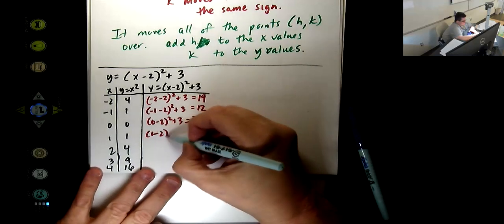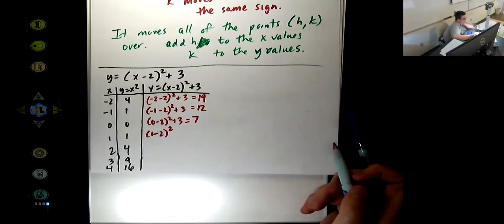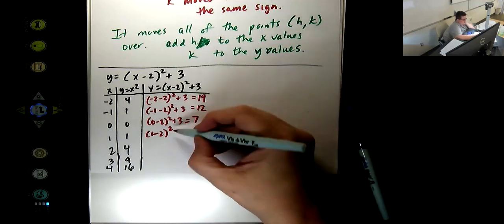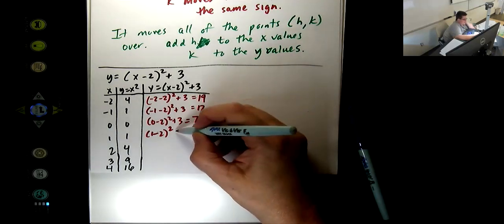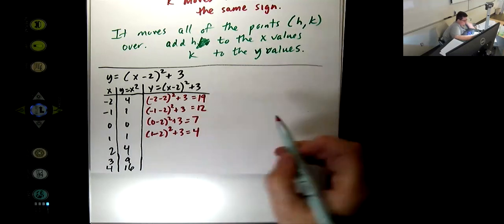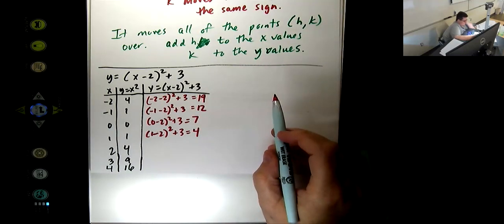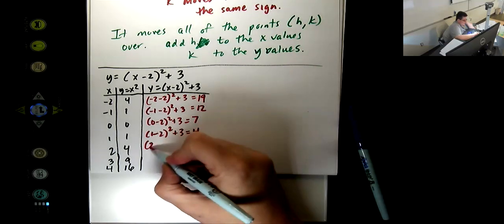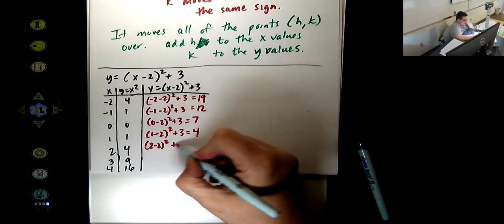I put in 1. 1 minus 2 is -1, we square it, it's +1. We add 3 to it, we get 4. We stick in 2, 2 minus 2 is 0, and we just get that 3 back.